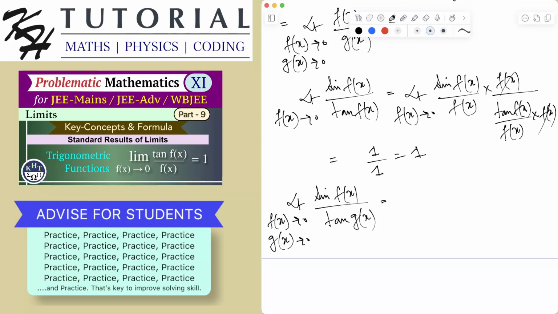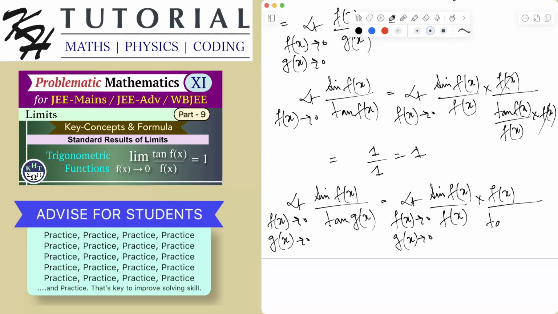I will create sin f(x) by f(x) and tan g(x) by g(x), and I will adjust f(x) and g(x). So limit f(x) tending to 0, g(x) tending to 0, sin f(x) by f(x), I will adjust f(x), and I will create g(x), tan g(x) by g(x), and I will adjust g(x).